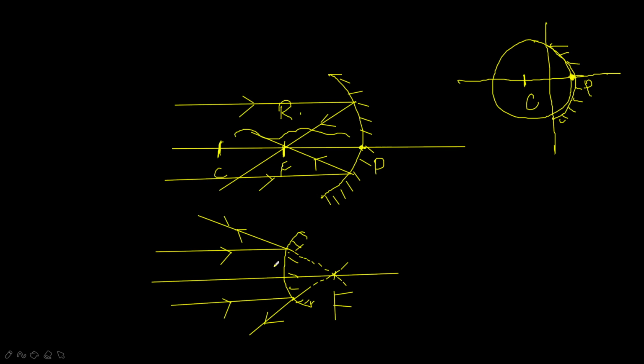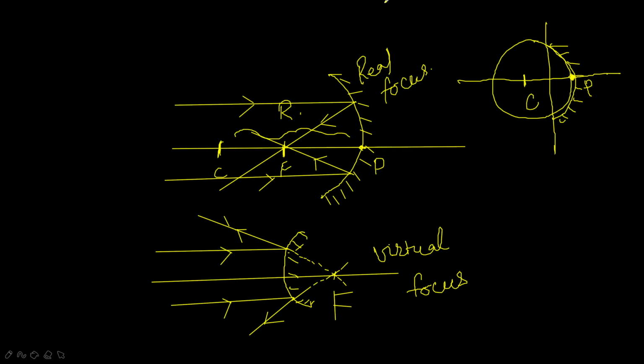So a convex mirror has a virtual focus, whereas a concave mirror has a real focus. The focus of a convex mirror is situated behind the mirror with respect to the source of light.